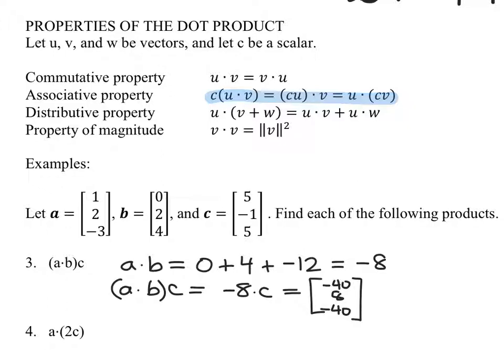All right, so I can dot the two vectors against each other first and then multiply it all by 2, or I can just double vector C and then dot it against A.